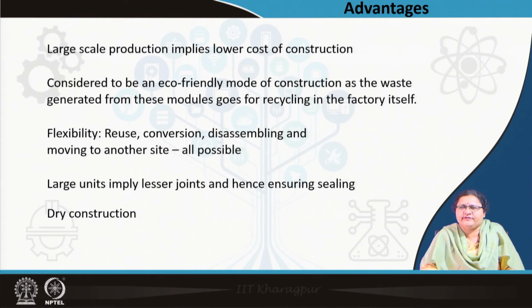Large size units, as I told you, are much larger than the size of a brick, which implies fewer joints. If you are trying to make a wall out of your prefabricated panel or precast item, it will have very few joints. Usually they are from floor to floor, connecting the structural system between two floors. So, you will hardly have any joint in the horizontal direction.